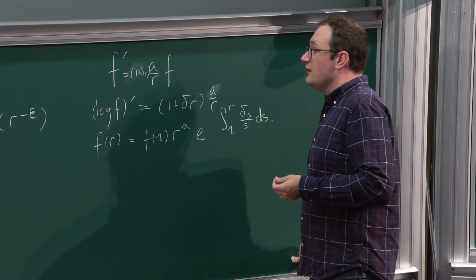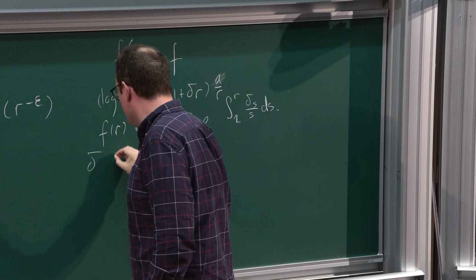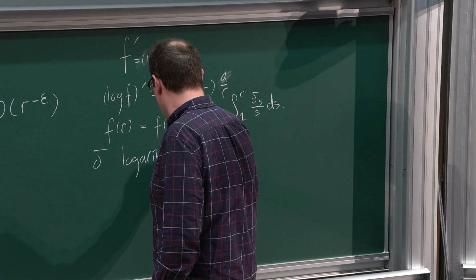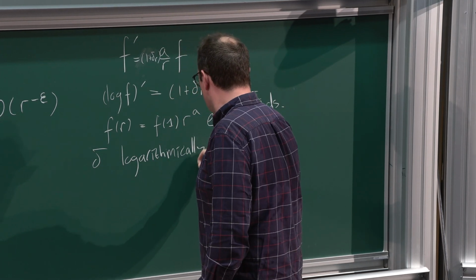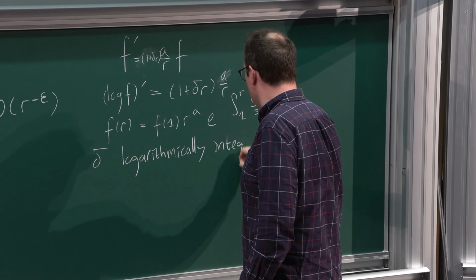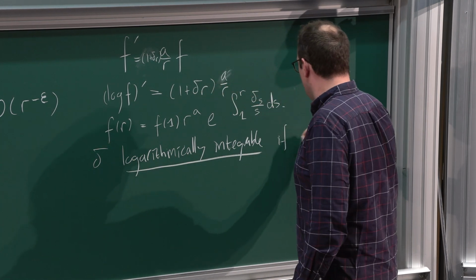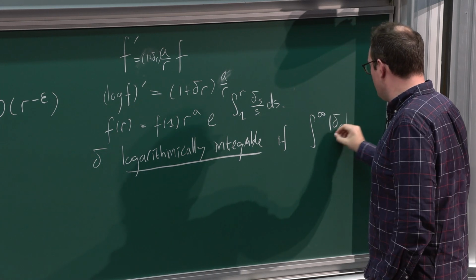So we'll say that delta is logarithmically integrable if this integral converges absolutely.